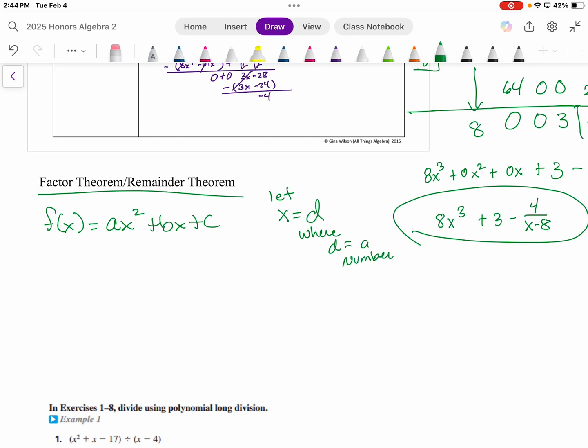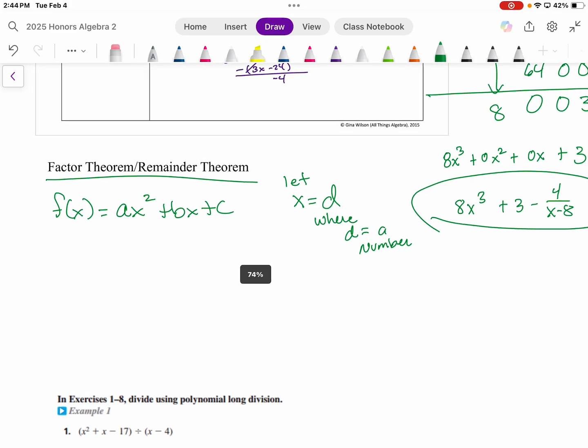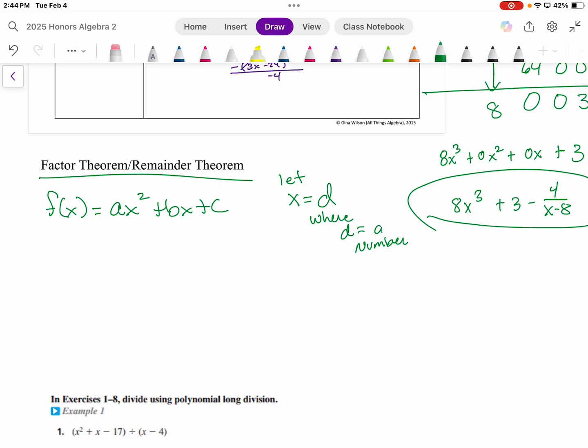This is the fancy mathematical talk. I don't like doing it that often. The factor or remainder theorem, they're actually listed twice. It says factor theorem, and then there's another definition of the remainder theorem, but they basically both mean the same thing.